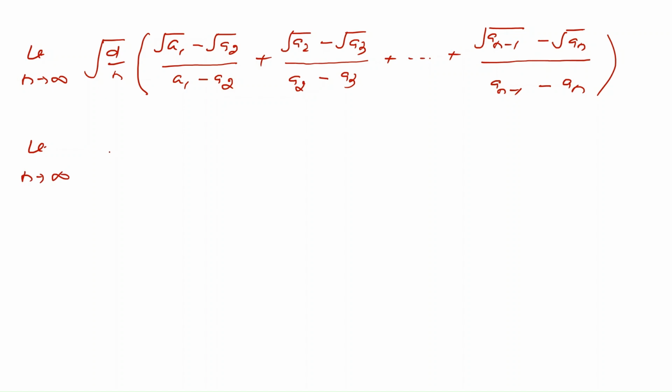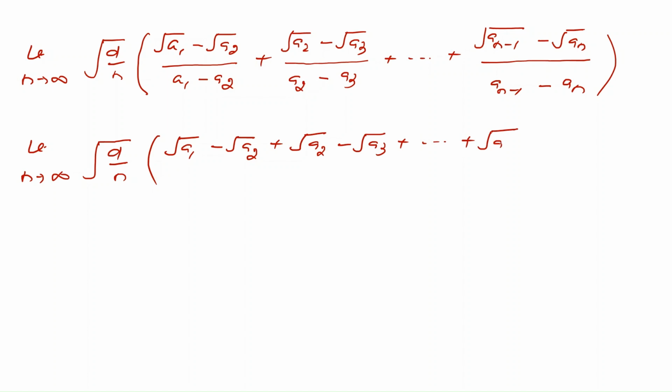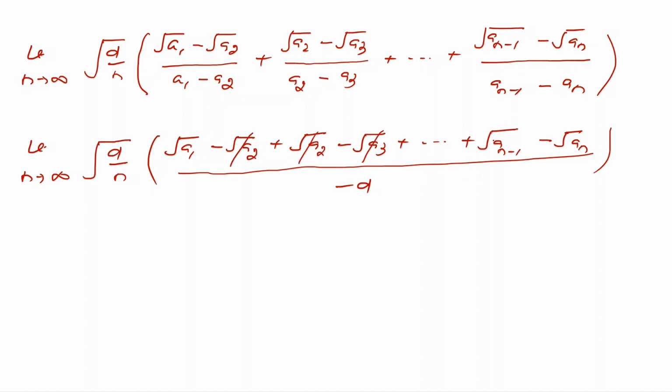and since the denominators are equal terms, after cancelling, this becomes (square root of a1 minus square root of a2 plus square root of a2 minus square root of a3 plus ... plus square root of a(n-1) minus square root of an) upon minus d. The middle terms will cancel out, and we have square root of a1 minus square root of an, and taking the minus sign as common we get (square root of an minus square root of a1) by d.